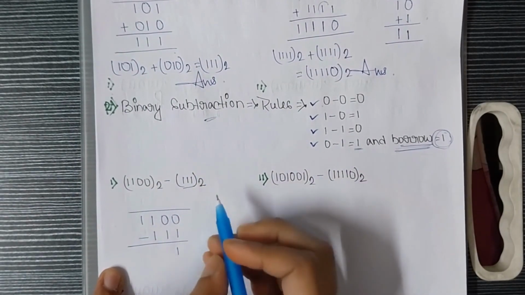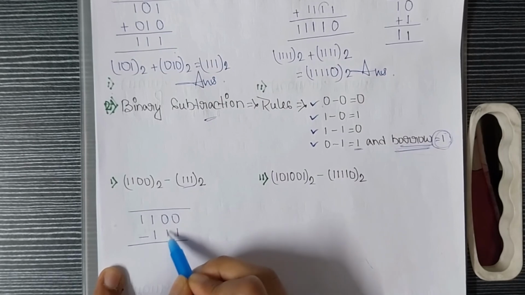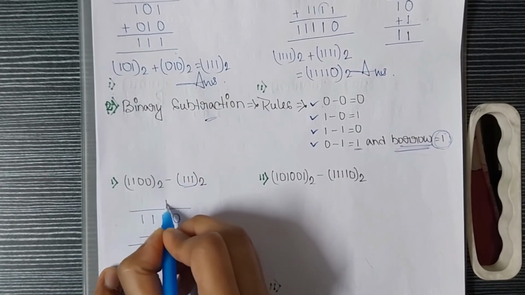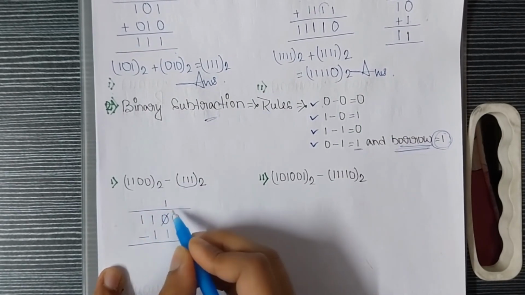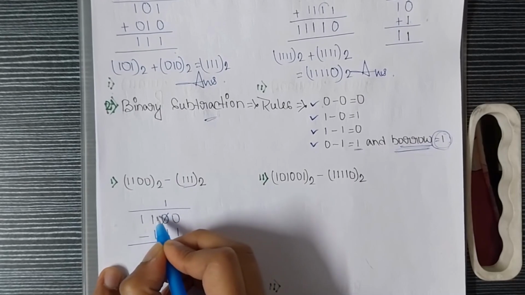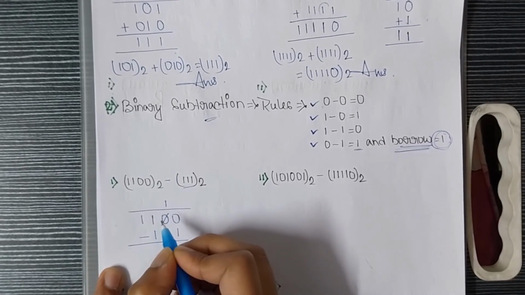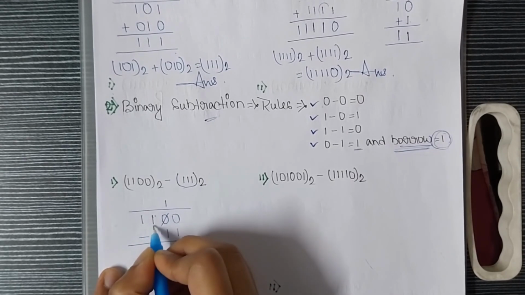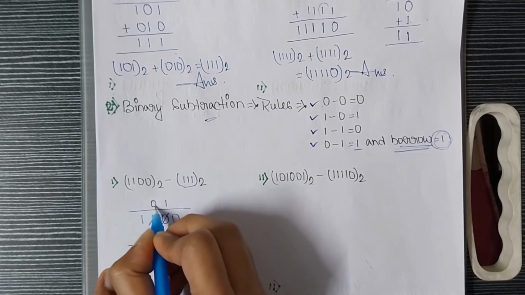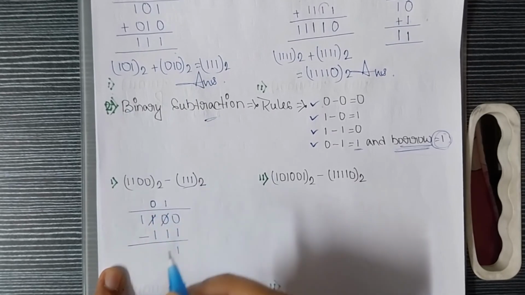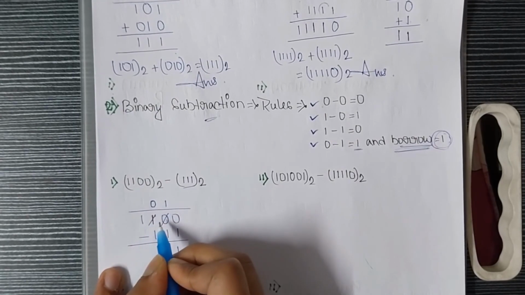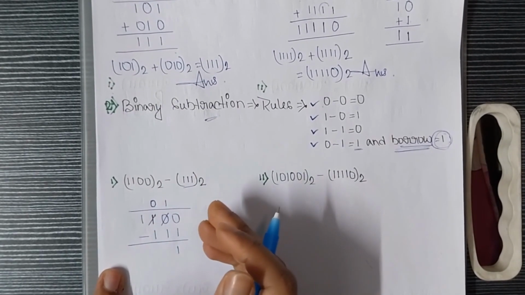As we have taken a borrow from the next column, we have to cut the 0 of the next column and write 1, the opposite of 0, and we have to continue cutting the digits of the next columns until we get a 1. On the next column we get a 1, so here we will cut the 1 and write instead the opposite of 1, that is 0. Now we don't have to cut again because in this column we already got a 1, so here we can stop the cutting.